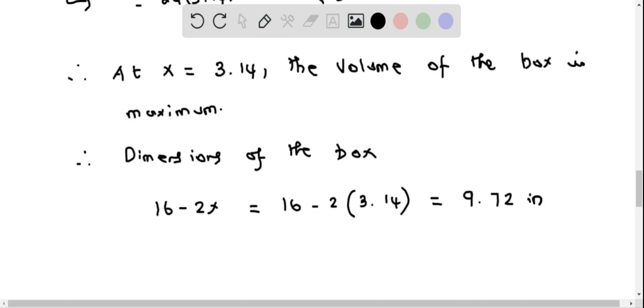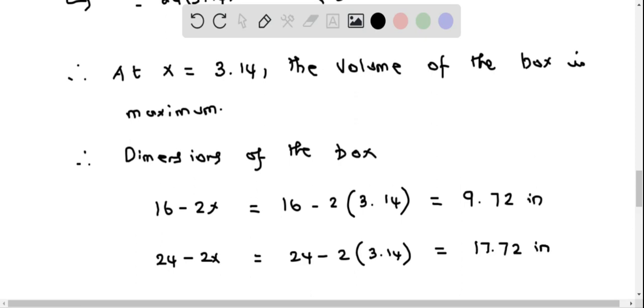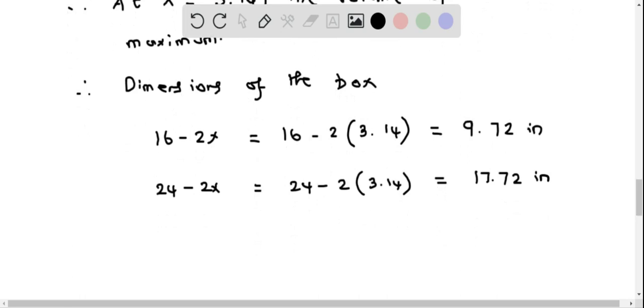And then we have 24 minus 2x. This is the width of the box, and so this gives 24 minus, replacing x by 3.14, 17.72 inches. And finally the height of the box, which is x, and so this equals 3.14 inches.